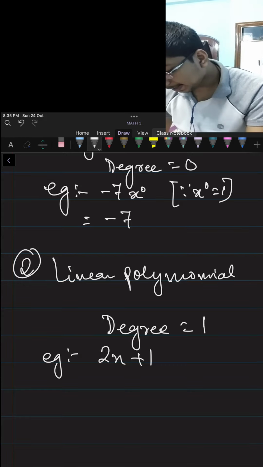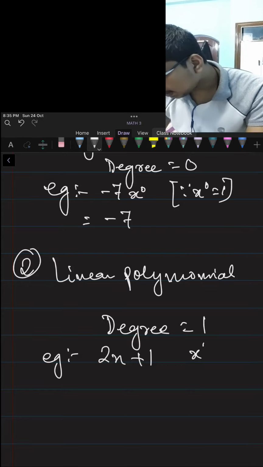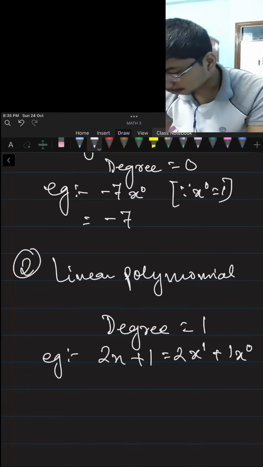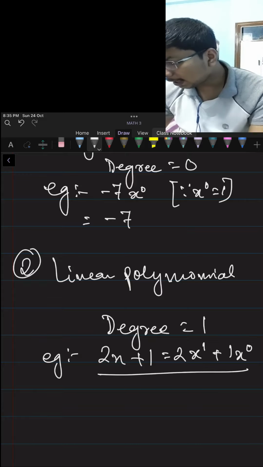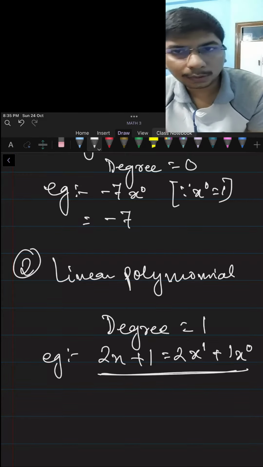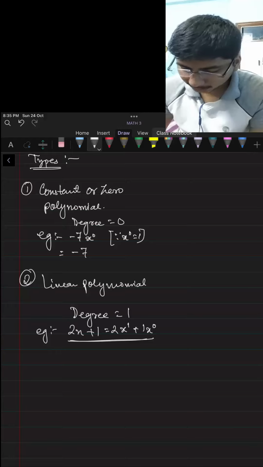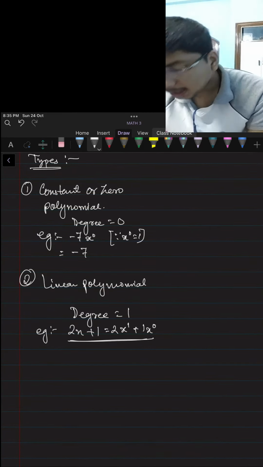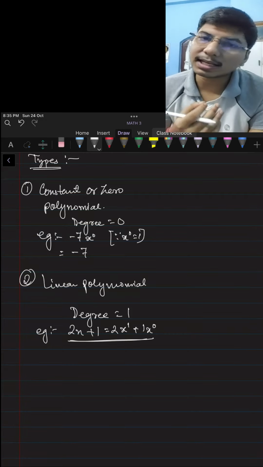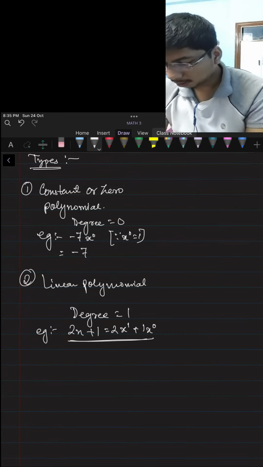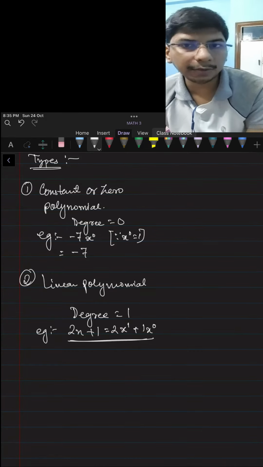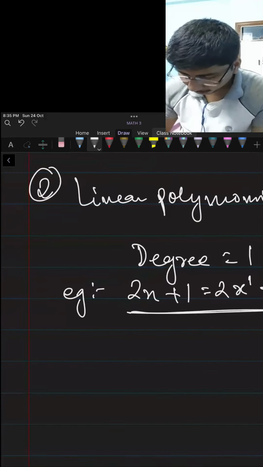We will represent it as 2 times x to the power 1 plus 1 times x to the power 0. As we know from the previous example, x to the power 0 is 1, and x to the power 1 we can represent as x. So simply, 2x plus 1.